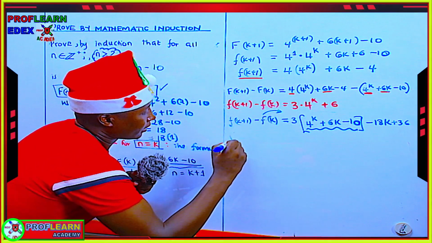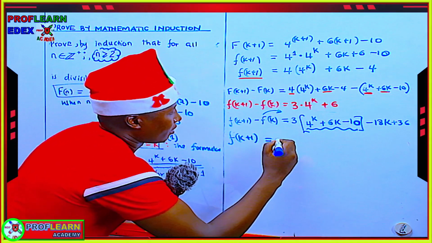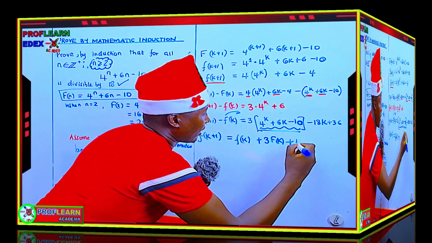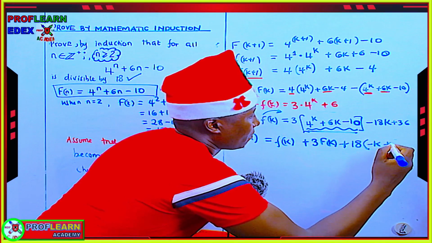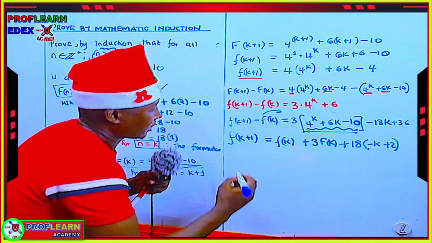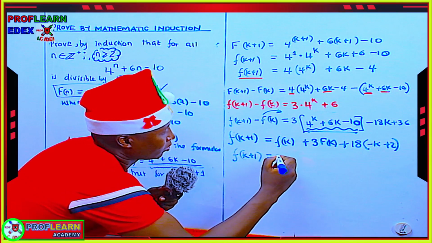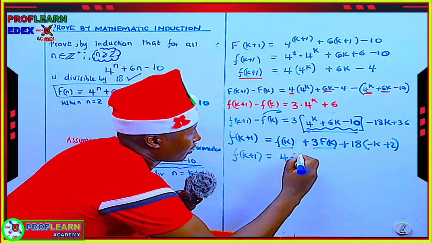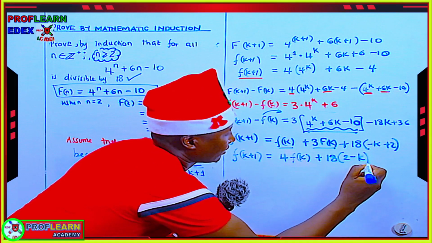So meaning we can say our f of k plus 1 is equal to f of k plus, but this one we can replace with f of k, 18 into bracket negative k plus 2, right? So which means that f of k plus 1 reduces to f of k plus 3 f of k, that becomes 4 f of k plus 18 into 2 minus k.